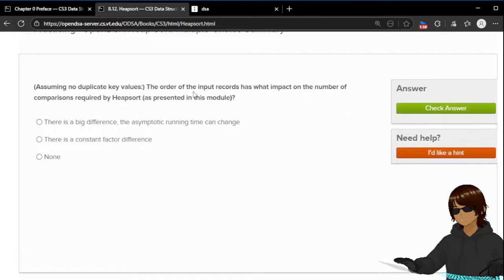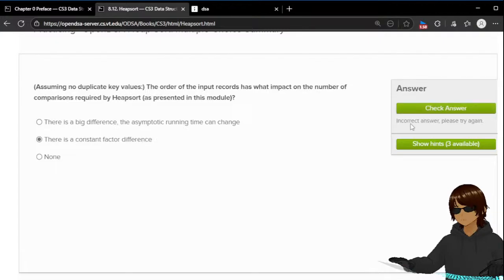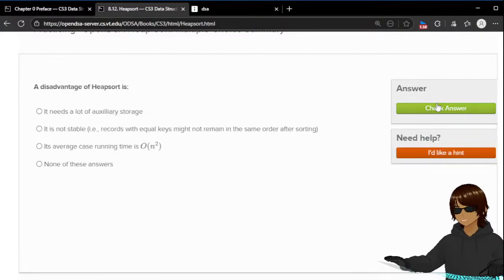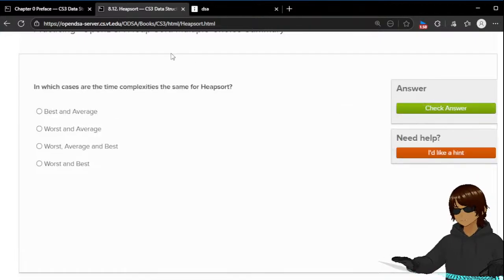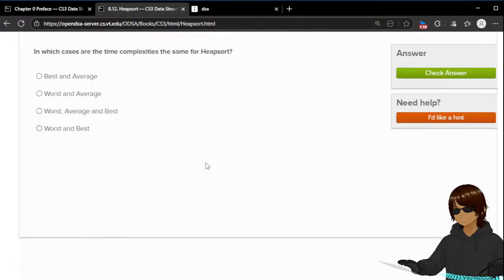The order of the input records has what impact on the number of comparisons required by the heap sort? Big difference, constant factor difference. That was a guess. I'm guessing some of the answers. It is not stable. In which cases is the time complexity the same for heap sort? Oh, this is the same question.